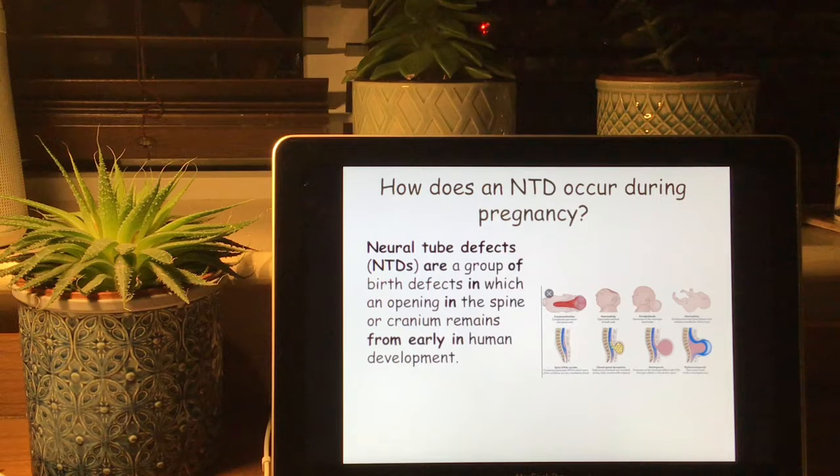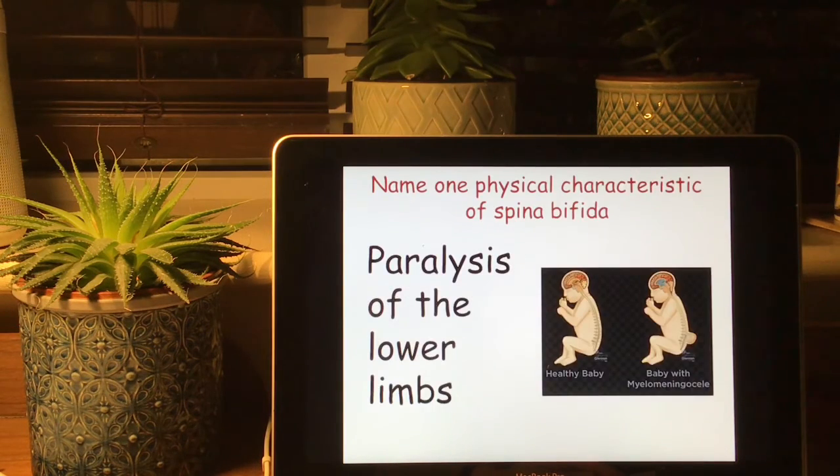So they don't close up, and amniotic fluid can get in and cause paralysis in the lower limbs of the body. And in the case of anencephaly, it results in death. So one of the physical characteristics of spina bifida is paralysis of the lower limbs, and you would need to know that.